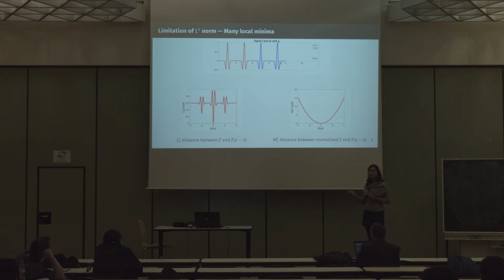If we optimize with this specific function and start at, say, -4, it's very easy to get stuck here and stop the optimization. So that's the disadvantage of the L2 norm. But for W2, if we compare these two with the quadratic Wasserstein distance, we get this globally convex curve. And that's the motivation to use this one in optimization instead of the L2 one.